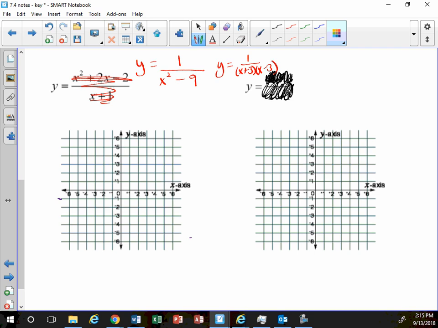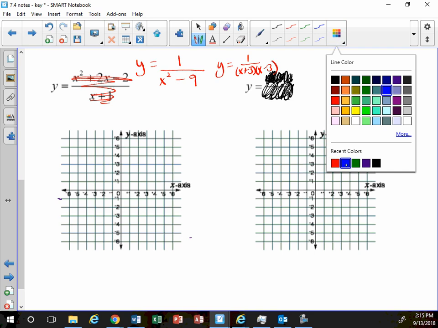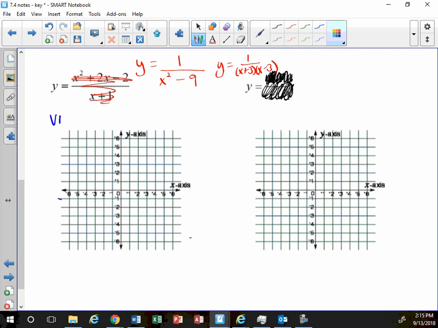Is there anything that's going to cancel? Any x that's going to go away? So no hole. All right, we do have multiple vertical asymptotes. We have one at 3 and one at -3.